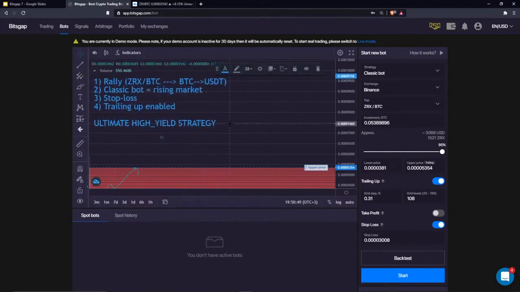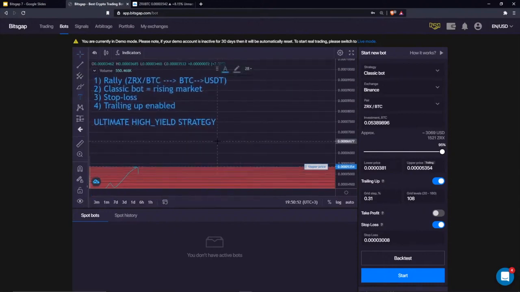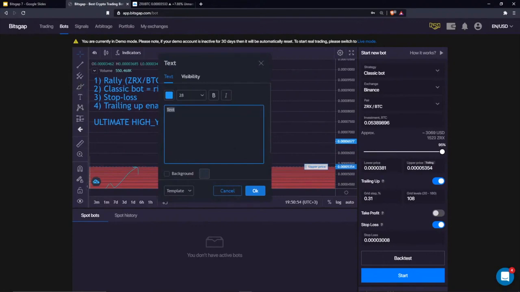Okay, so now the conservative strategy would imply that you expect the rally, that's okay, but you are trading cryptocurrency pairs that are trading to stable coins like BTC, USDT, for example. The next one is again the classic bot, as you know that on the rally that's the best one.